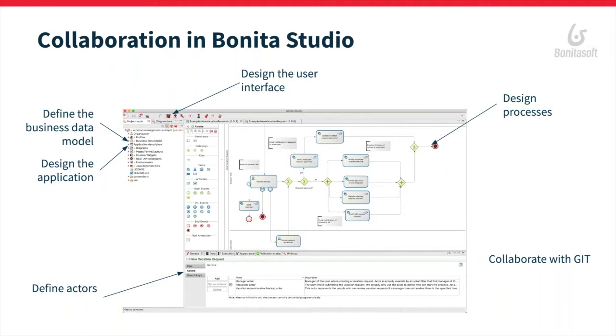The project team can be composed of the project manager, an architect, a database engineer. You can have developers, different types of developers, front end, back end, and so on.